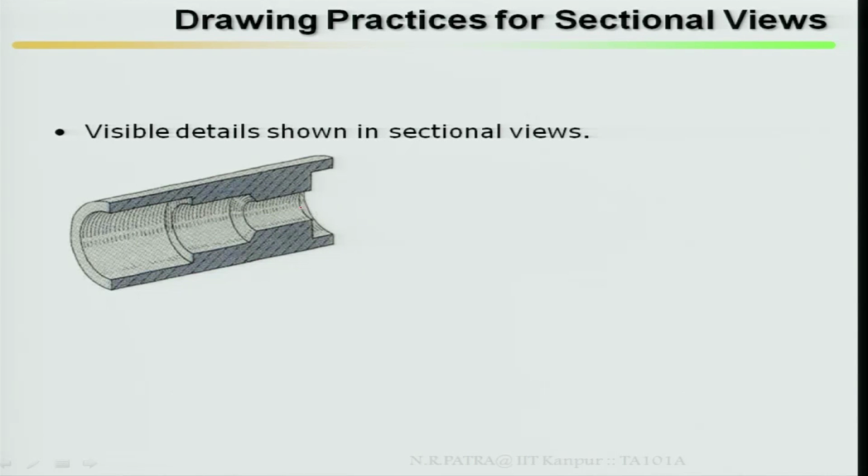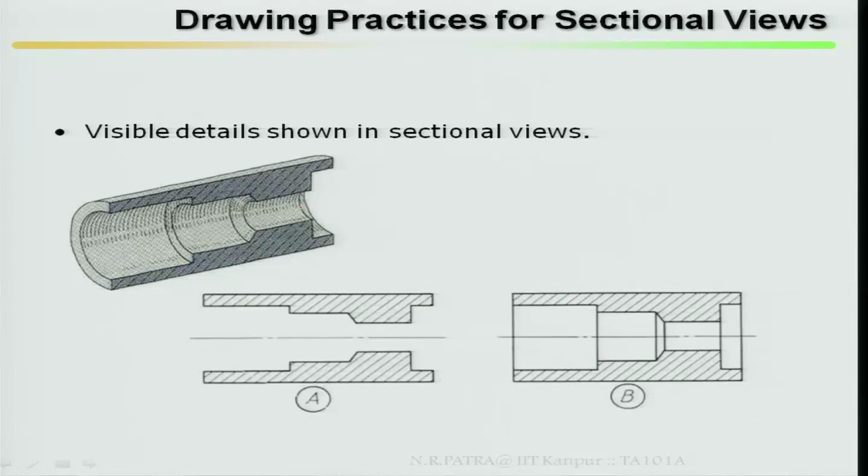Once it is visible, you have to show it. In this case, I have avoided these visible details, but here there are visible details. So, then this is not correct.